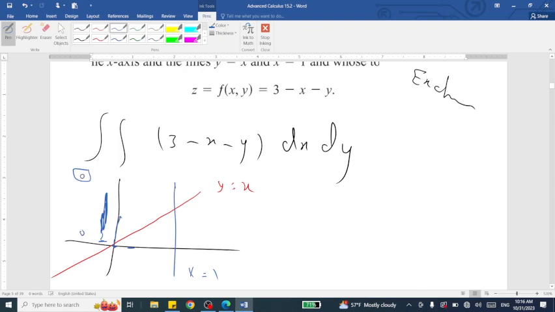Exactly 1. How do you know? Here y is equal to what? Y equal to x. So y is from 0 to 1. Am I right? We need it, later on we are going to use it. Is that clear? Why y between 0 and 1?